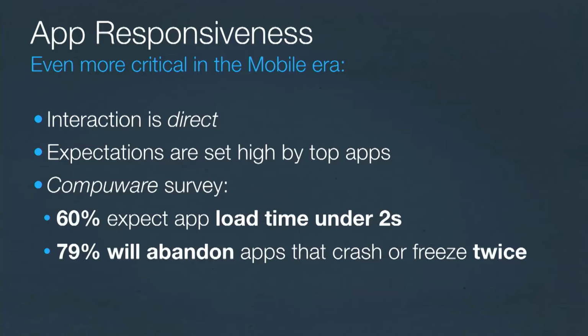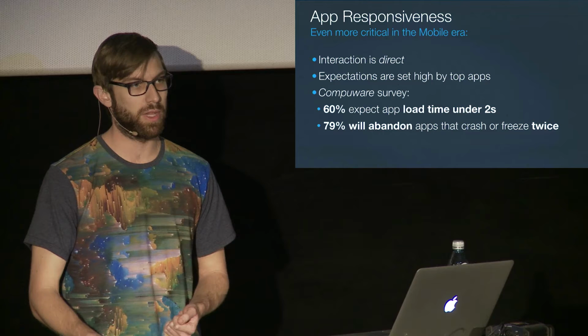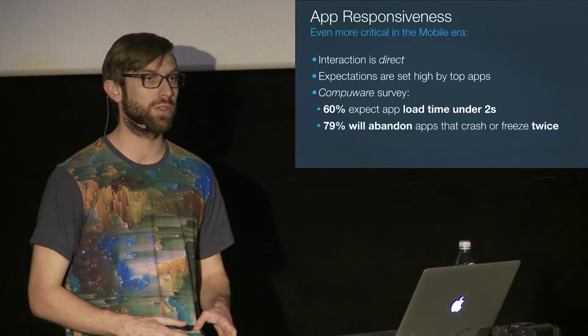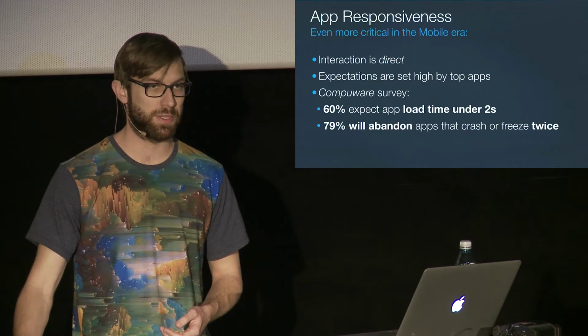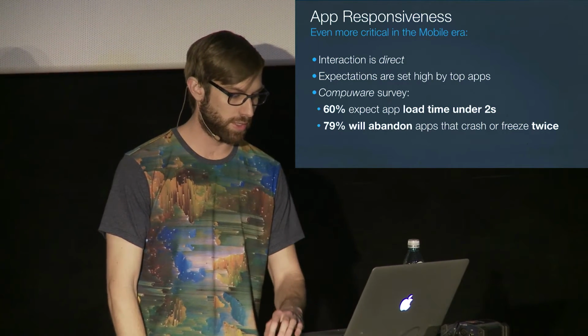But nowadays it's even more important because there isn't this abstraction of the mouse between the user's interaction and the screen. It's very direct, and the expectations are very high because Apple and other major publishers spend a lot of time working on this stuff. So users that spend a lot of their time on the platform with those apps have specific expectations that are built up from what they do.